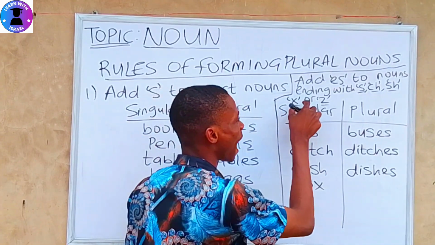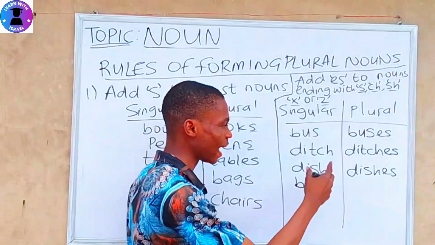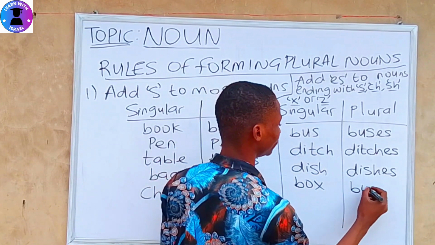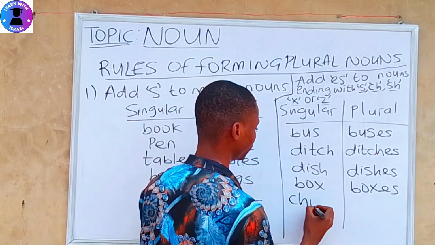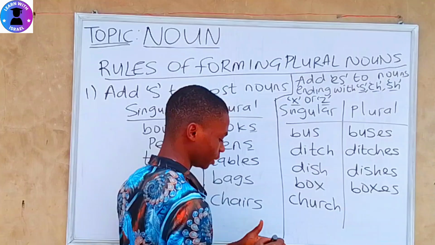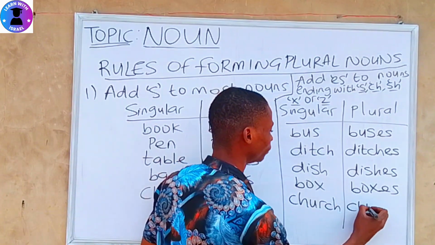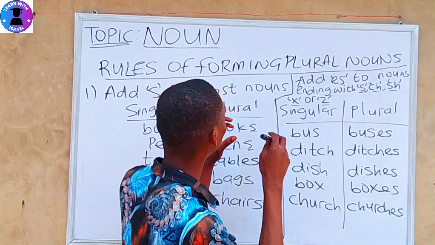I said add es to nouns ending with x, so when we want to pluralize box, we add es. It's now boxes. Church is one, but by adding es, it is now churches, which is more than one church. I hope you understand that now.